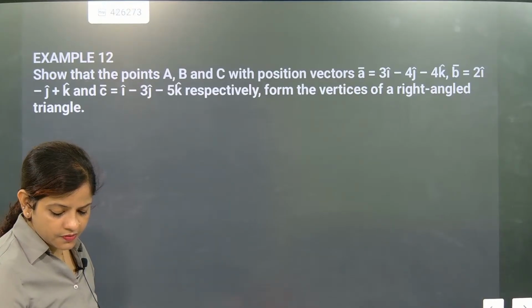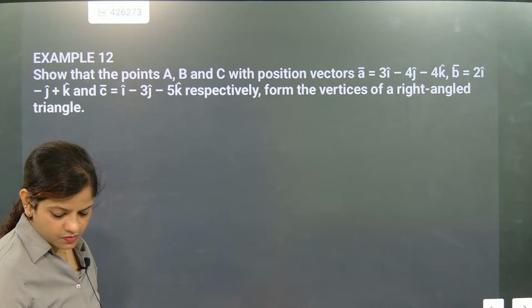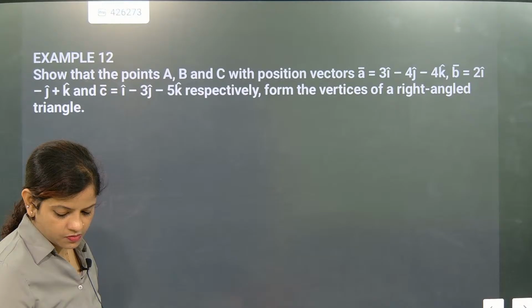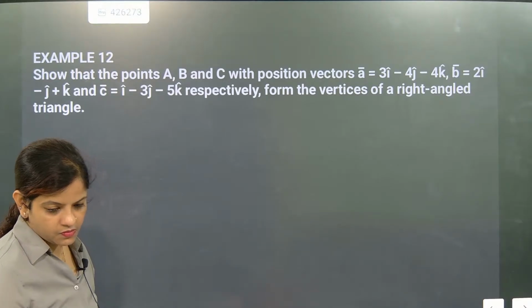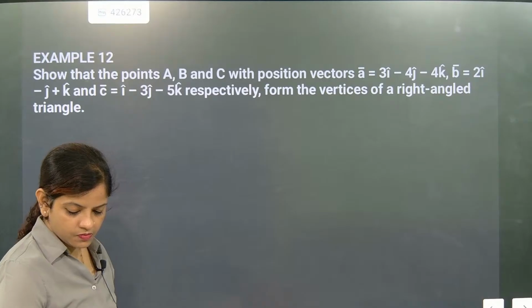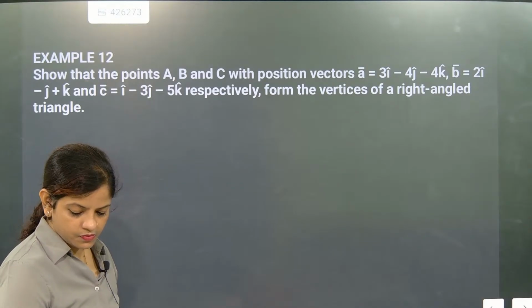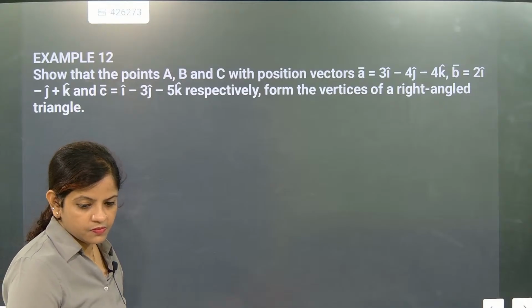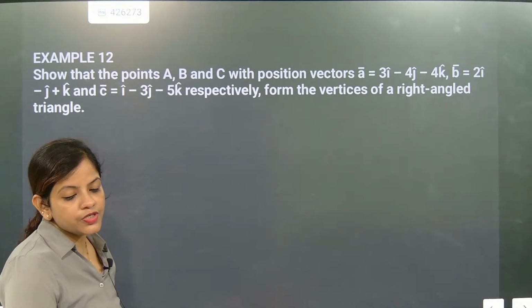Solve this question. Everyone try this question, please.